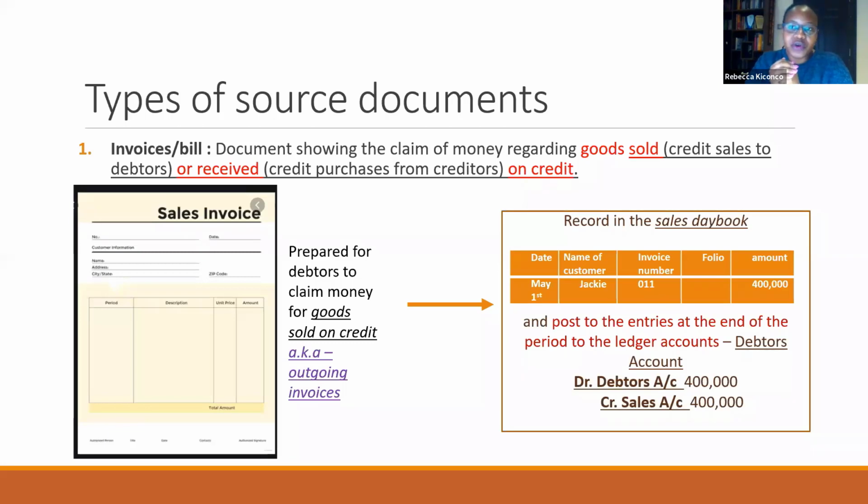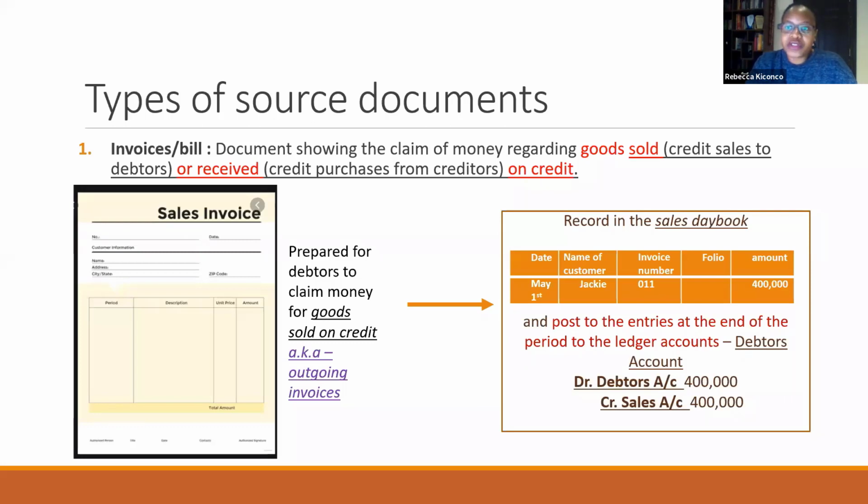For instance, when you go to have lunch or dinner, they will give you something called a bill. This is the basis upon which that restaurant or hotel is claiming money. So you have consumed and now they are billing you. That bill is also called an invoice.